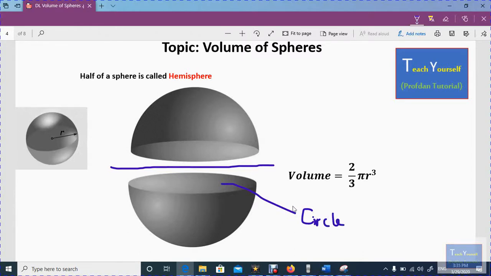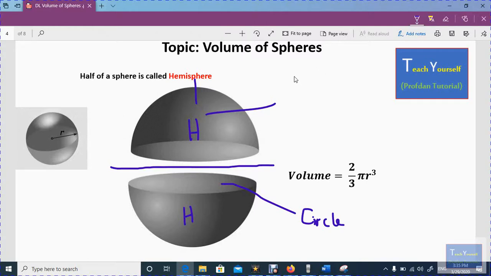Okay? Now, when you divide a sphere into two parts, each part is half and is referred to as a hemisphere. So this part is a hemisphere and this part is a hemisphere. A hemisphere, simply put, is half of a sphere.